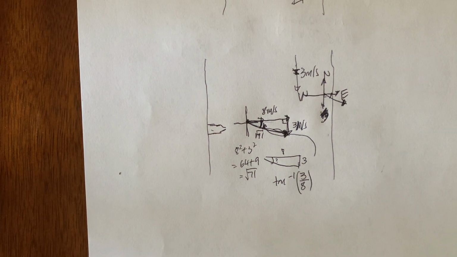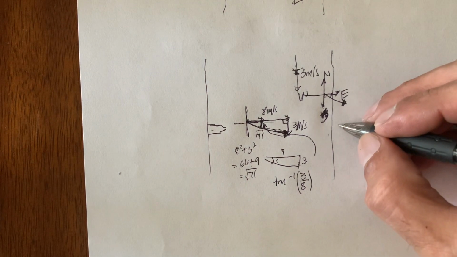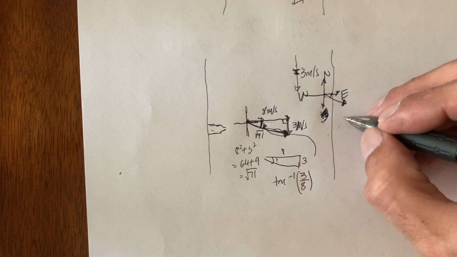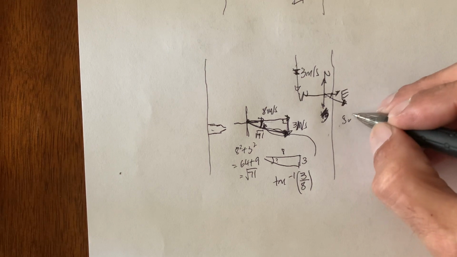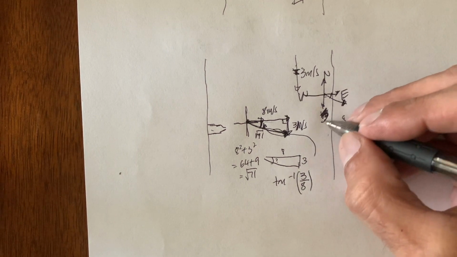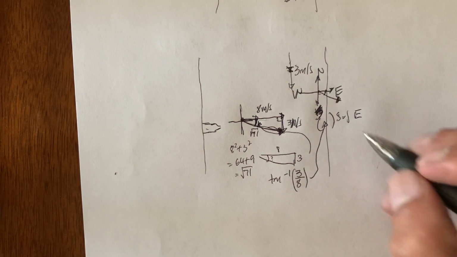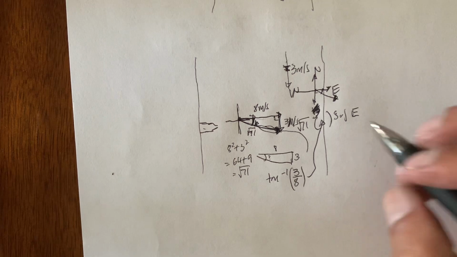This is going to be an acute angle of some sort. But you would say that that would be the angle, and I hope you would write that as south of east. So whatever angle you get using tangent inverse of 3 over 8, that would be your angle south of east. And the square root of 71 would be your velocity.